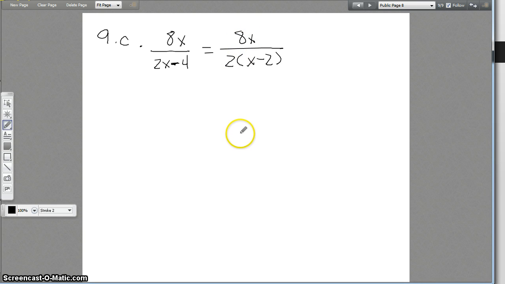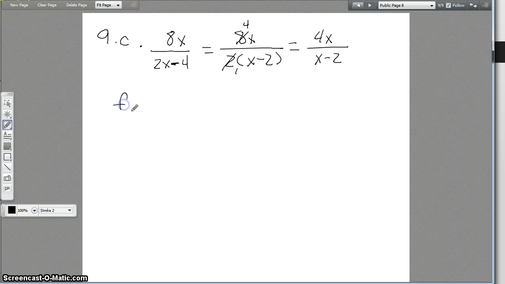Those have the common factor of 2, so I can divide both of those by 2. 8 divided by 2 is going to give me 4. 2 divided by 2 is going to give me 1. And so I end up in the numerator, 4 times x is 4x. In the denominator, 1 times x minus 2 is just x minus 2. So 4x divided by x minus 2 is going to be our simplified fraction.